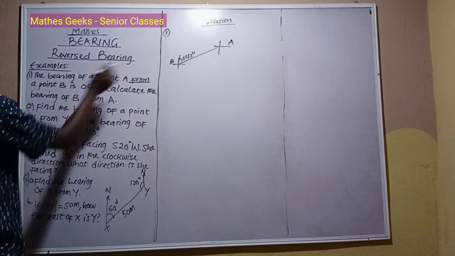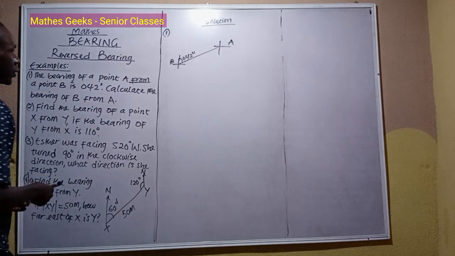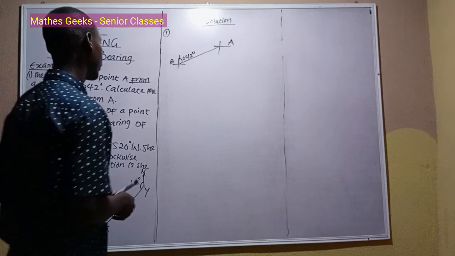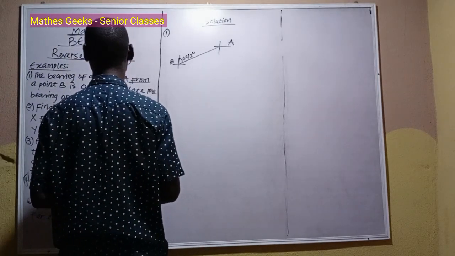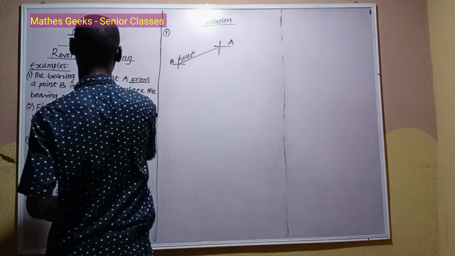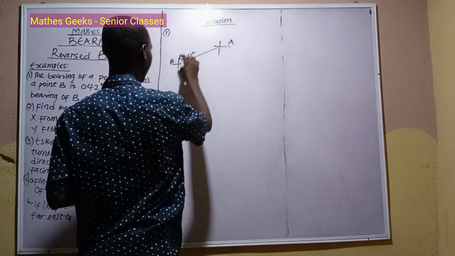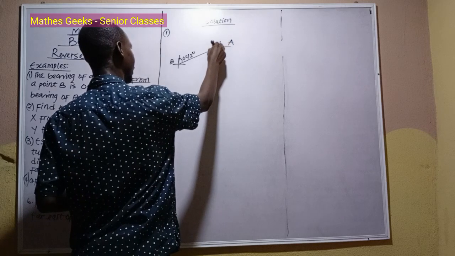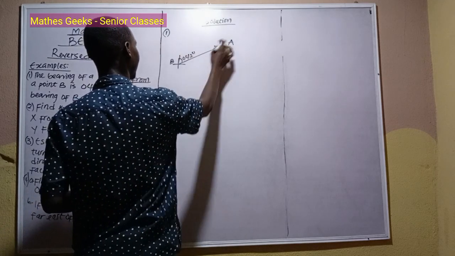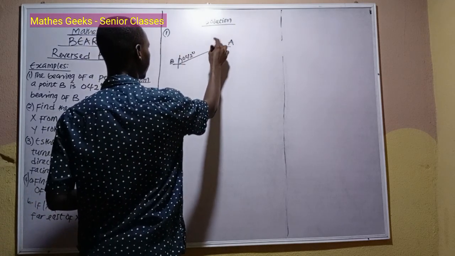The point following "from" is where you are going to start to get the direction, or plot the bearing. We now calculate the bearing of B from A. From A means from the north pole to meet the line, because this is the line connecting A and B. So we'll put it here.